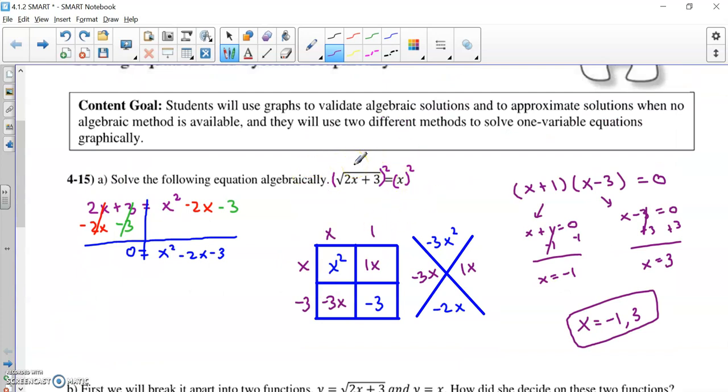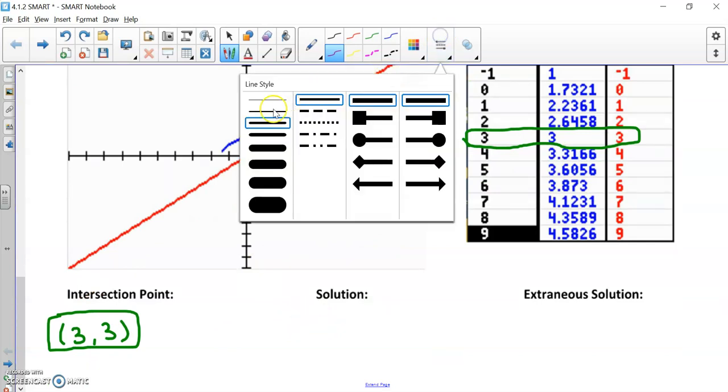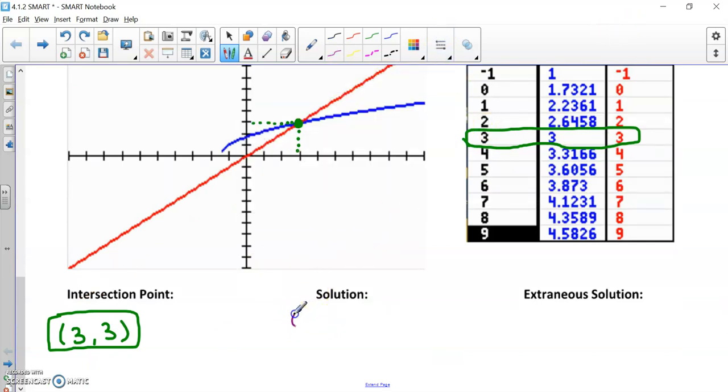So really, it's the number that we would plug in for x in the original problem that would make the left side equal to the right side. So it wouldn't make sense to put the whole point there, but instead we just want the x value of the intersection point.